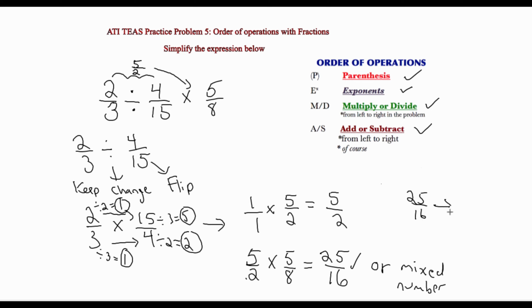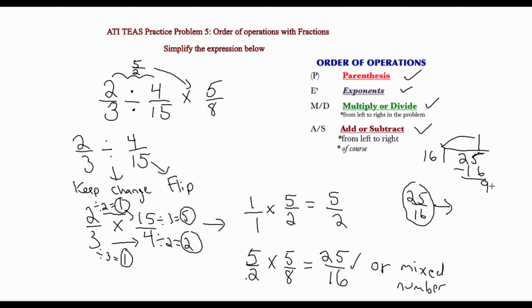Well, first thing you want to ask yourself is, how many times does 16 go into 25? Let's do some quick long division here. Because remember, a fraction like 25/16 is just another way of dividing, right? So you can actually divide 25 by 16. 16 goes into 25 one time. 1 times 16 is 16. Subtract, you get your remainder.